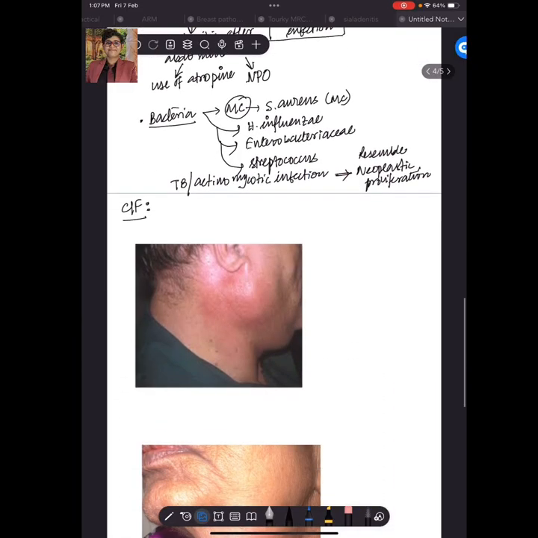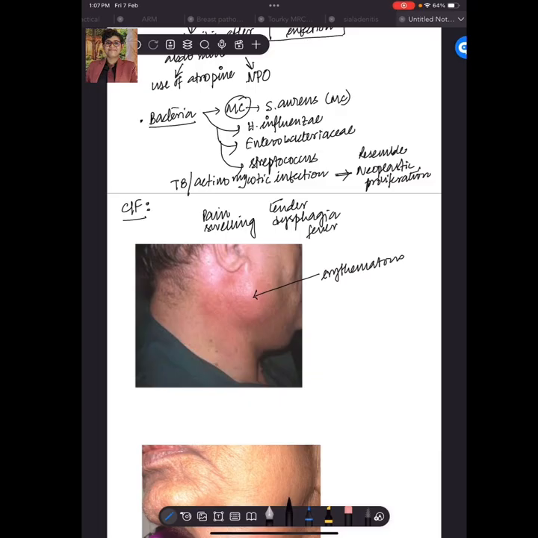So, it will include pain, swelling. We can see that it is erythematous. It will be tender. There will be dysphagia. There can be fever.